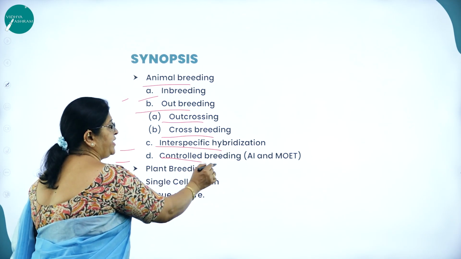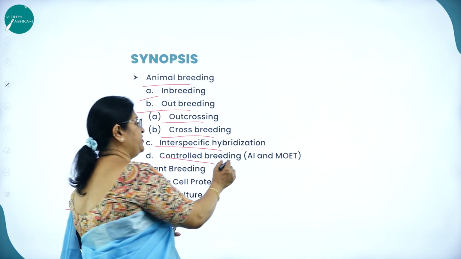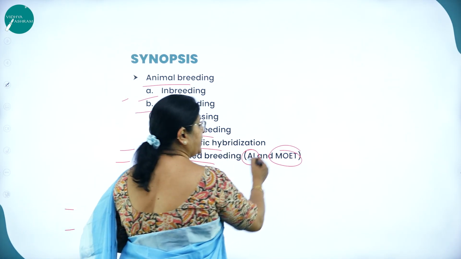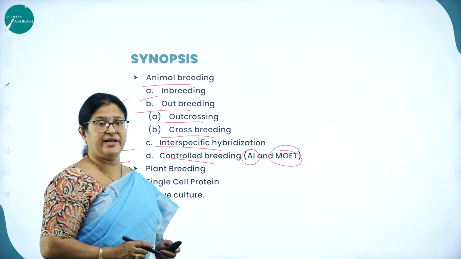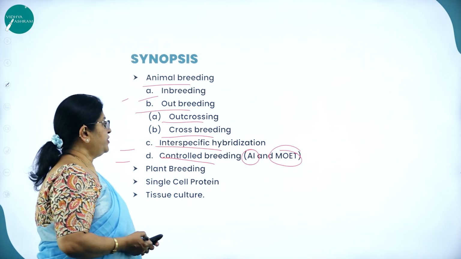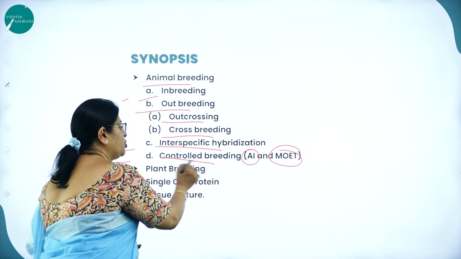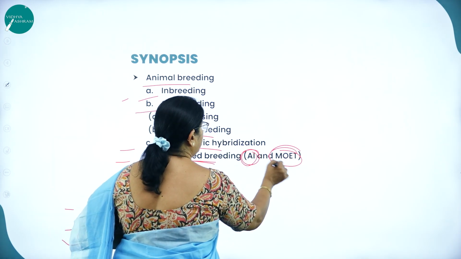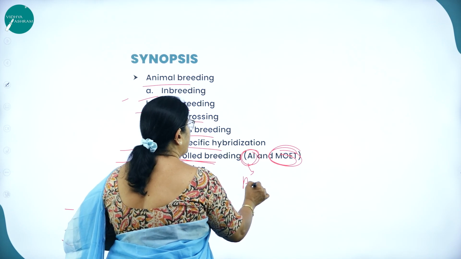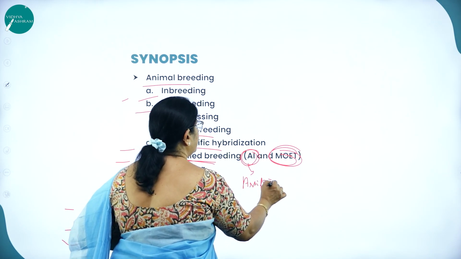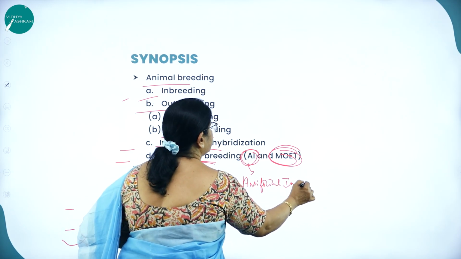Then controlled breeding, that is AI, artificial insemination, and MOET, multiple ovulation and embryo transfer. For example, in controlled breeding like AI and MOET, AI stands for artificial insemination.